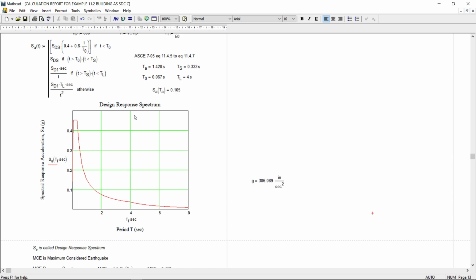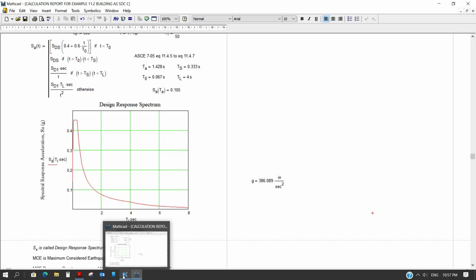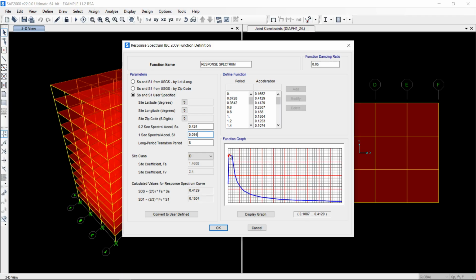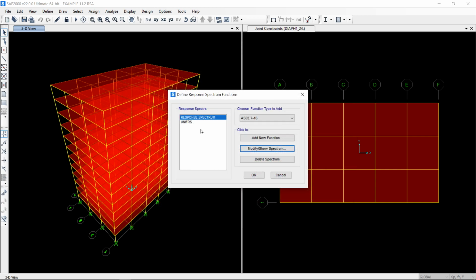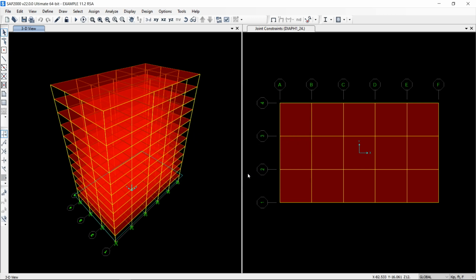So now you can see this mode shape is exactly the same as the response spectrum shape defined by SAP. So far this is okay. Damping ratio is 0.05, 5%, that's fine. So we can use this response spectrum function for our response spectrum analysis.